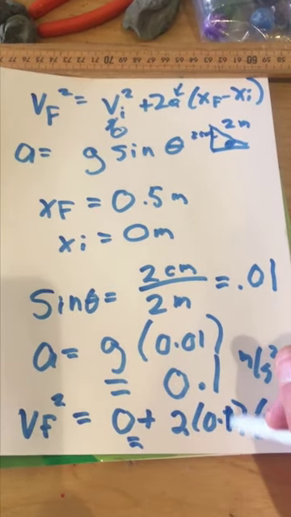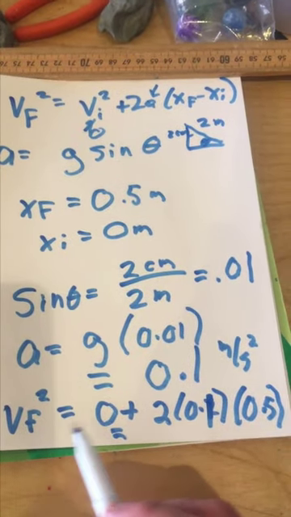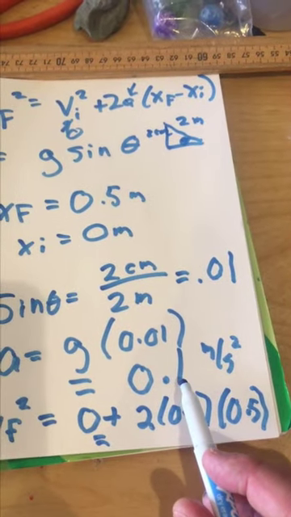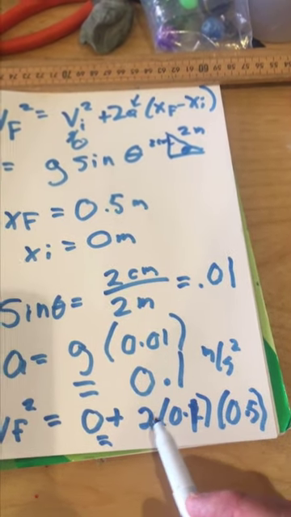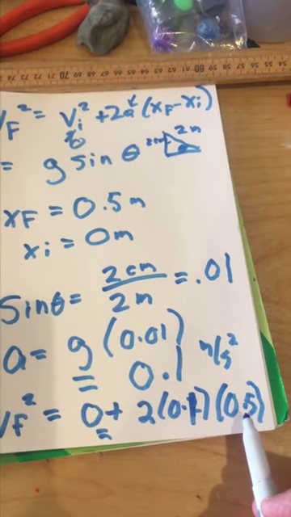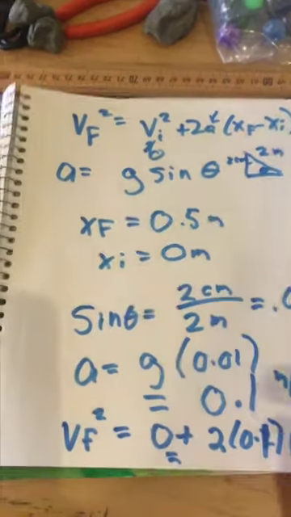Whoops, sorry about that. My final velocity squared is equal to 0 plus 2 times 0.1. My acceleration is 0.1, it's right here, times 0.5. 2 times 0.1 is 0.2, times 0.5 is 0.1. So this should look familiar here.